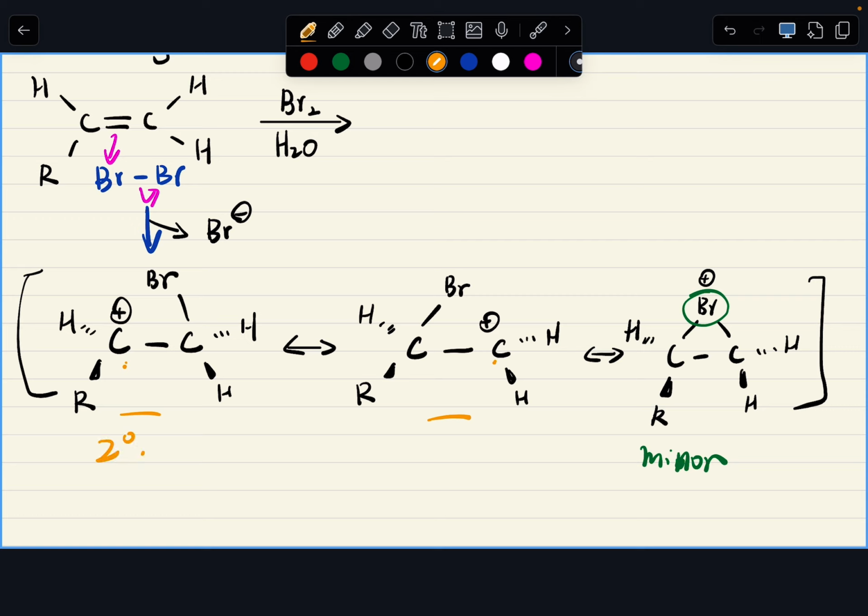So this one is the secondary, and that's my major contributor. So now with water present as our solvent, we have more water present, so my water is more likely to act as my nucleophile in attacking my carbocation from the opposite side of the bromine.